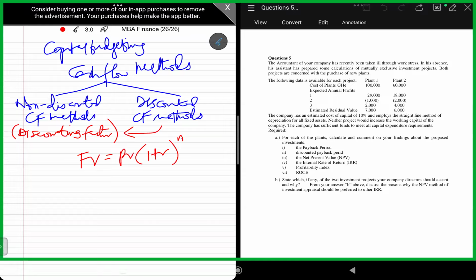Assuming you want to have 500 cedis in the future, in 2 years' time, how much should you invest now?